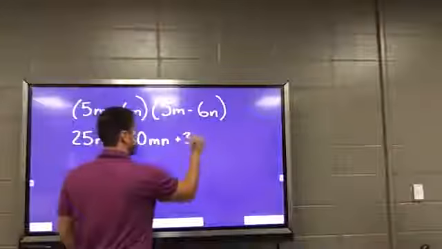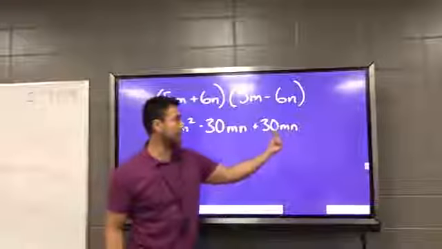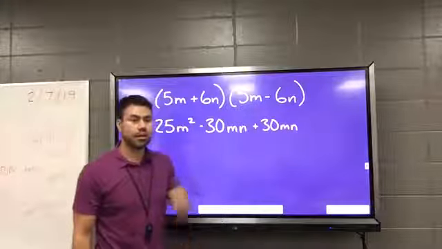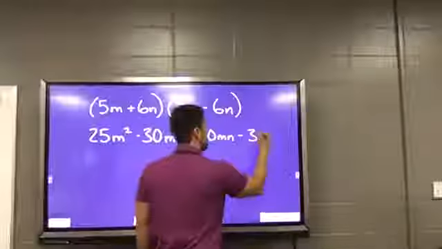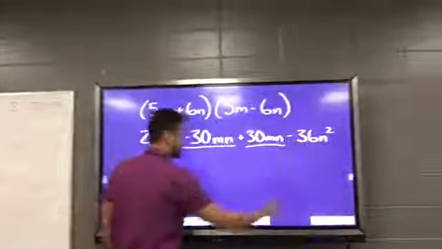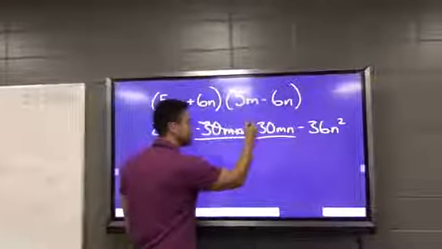Positive 30mn. And you could say mn or nm, it's the same thing. And then what do the last terms multiply to get me? Negative 36n squared. Okay, great. And then I have two like terms. And what happens to those like terms? They get canceled out because they are opposites.